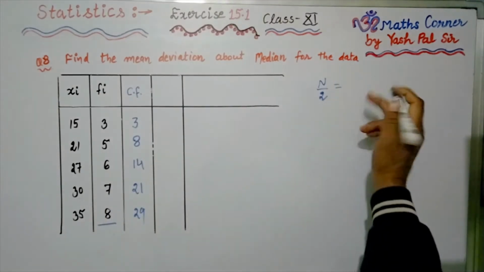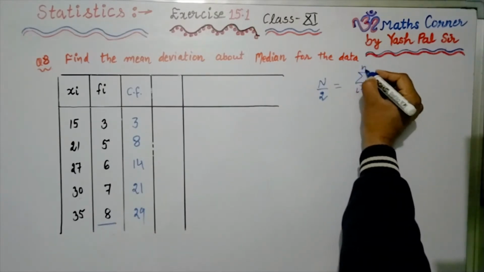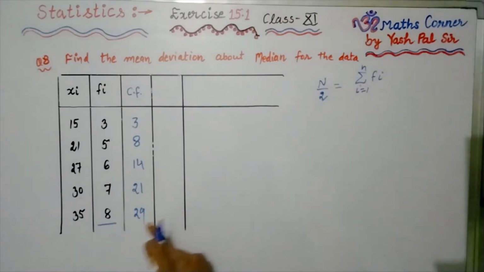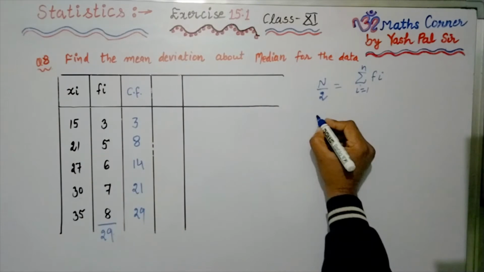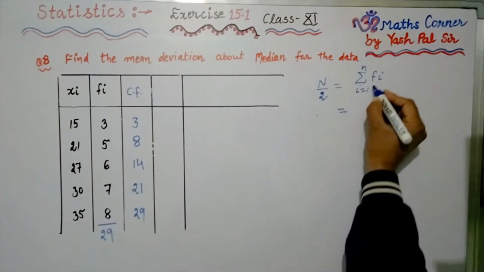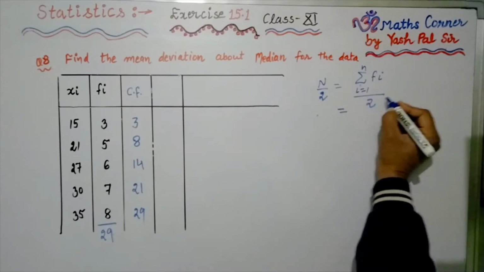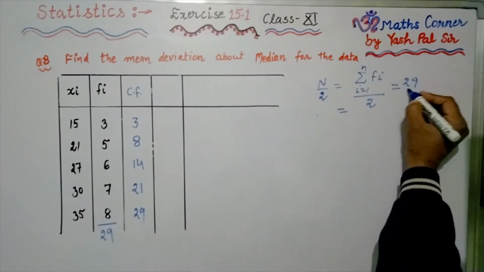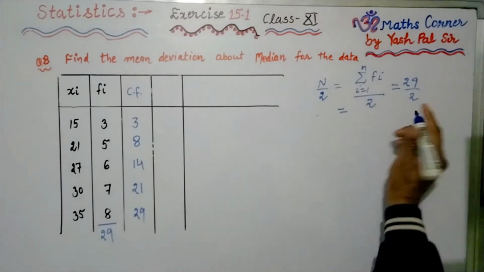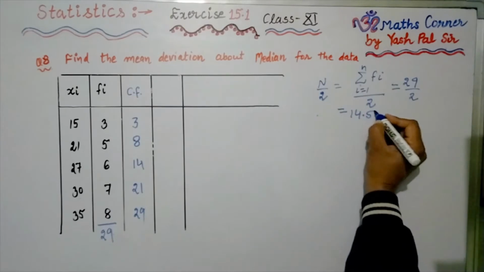Now n is the summation of Fi, i from 1 to n. So this last term is the summation of Fi. So what is n by 2? This is 29 divided by 2, which is equal to 14.5.